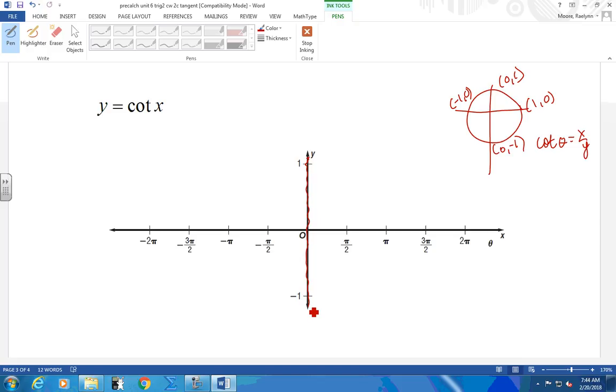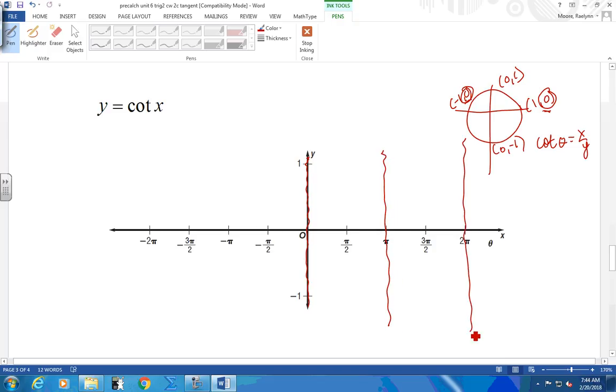Because that's where, if this is where my 0 is here, isn't my 0 the same place here? Aren't I going to have trouble dividing by 0? If this is the 0, isn't this the 0 too? That's going to cause me trouble. So at pi, again at 2 pi, because I'm back to 0.